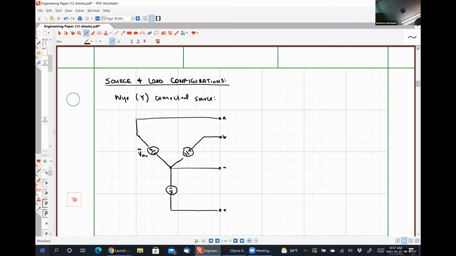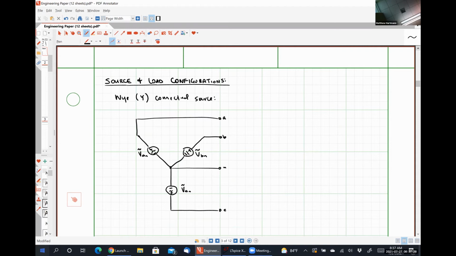I can similarly say that this voltage source here is providing a voltage VBN measured between the B terminal of our source and the N terminal of our source. And this voltage is VCN measured between the C terminal and the N terminal. Okay.